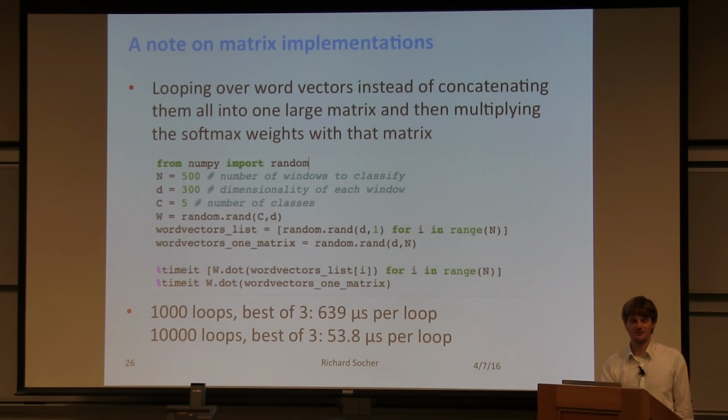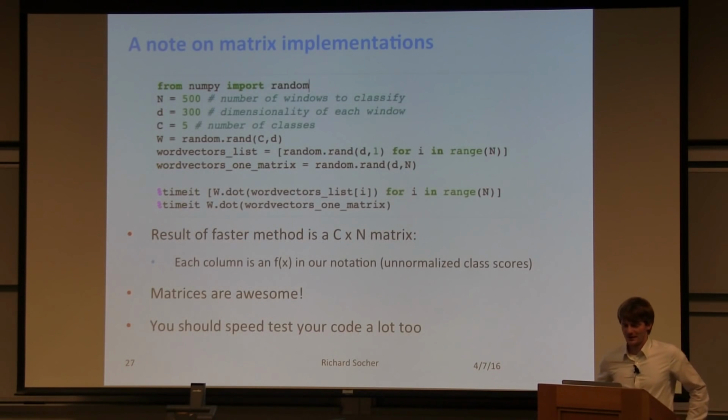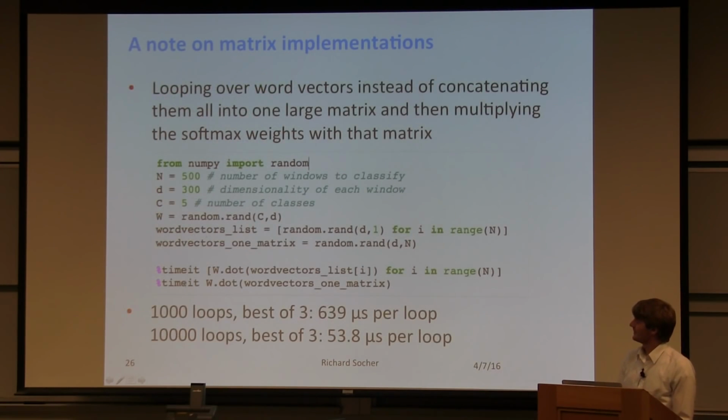Are there any questions about this code? Cool. All right. So matrices are awesome. You should always do this. Also, the timeit quick hack, if you are in an IPython notebook, is super helpful.